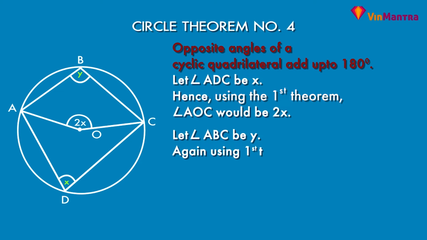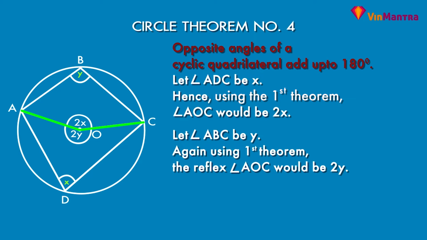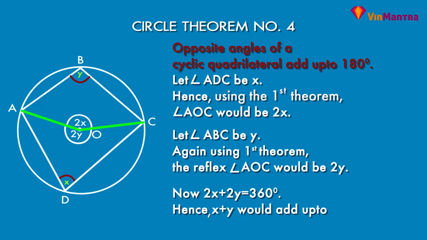Again using first theorem, the reflex angle AOC would be 2y. Now 2x plus 2y is equal to 360 degree. Hence, x plus y would add up to 180 degree.